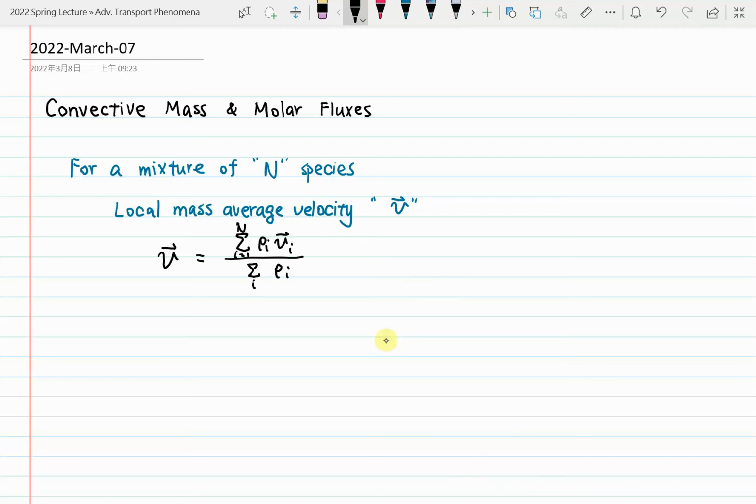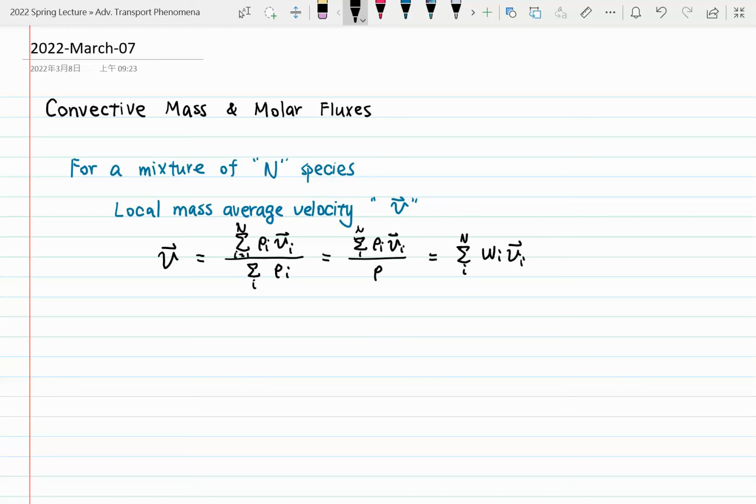You can also write this as one over rho, the overall density of the fluid of n components, times the sum of the density times velocity of each component, which ultimately equals the mass fraction of each component times its velocity, summed over i equals 1 to n.